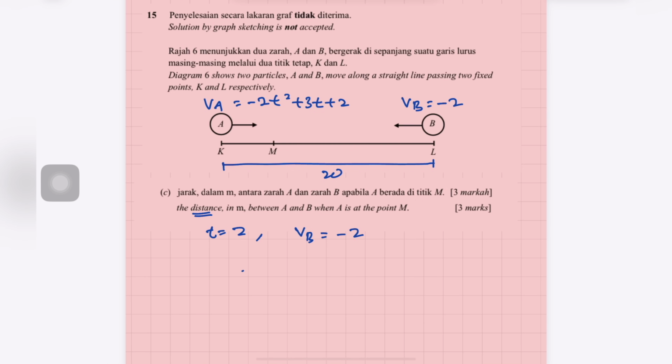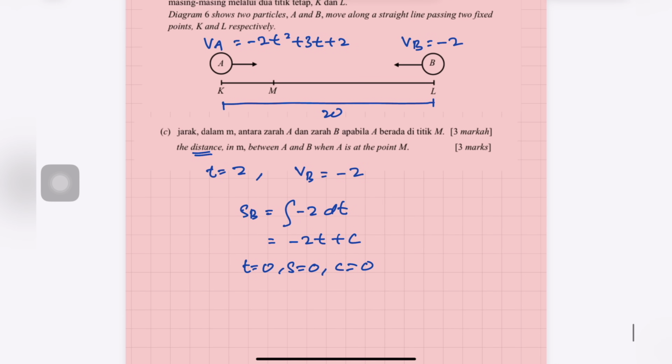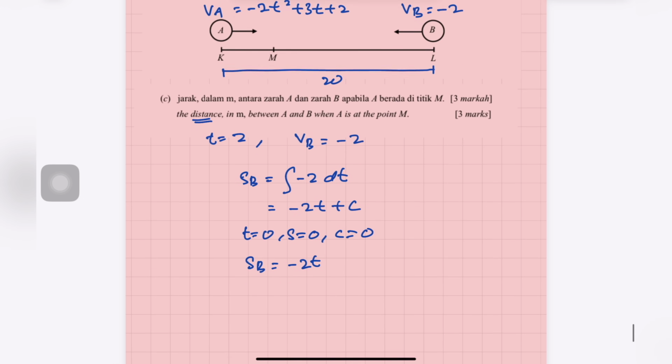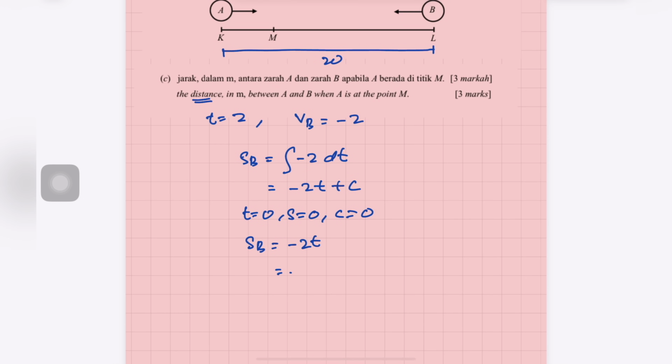So SB equals the integral of negative 2 dt, so negative 2t plus c. When t is 0, s is 0, so c is 0. Then SB equals negative 2t. With t equals 2, negative 2 times 2 equals negative 4. Negative 4 means 4 meter to the left.